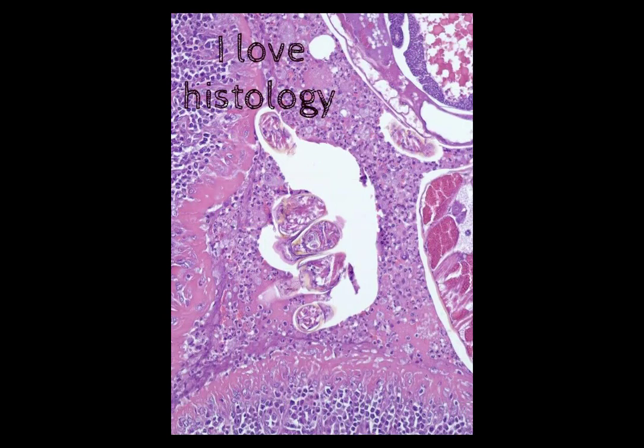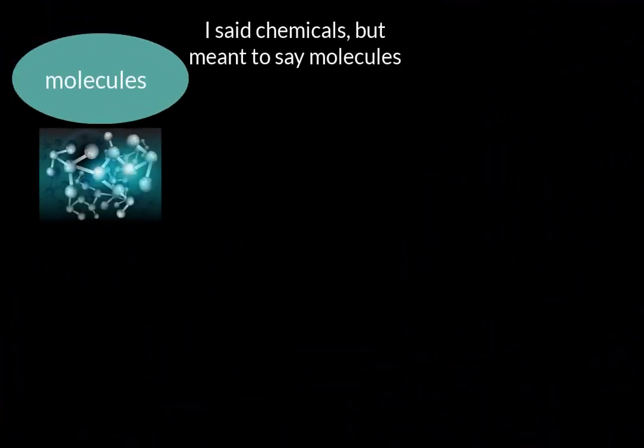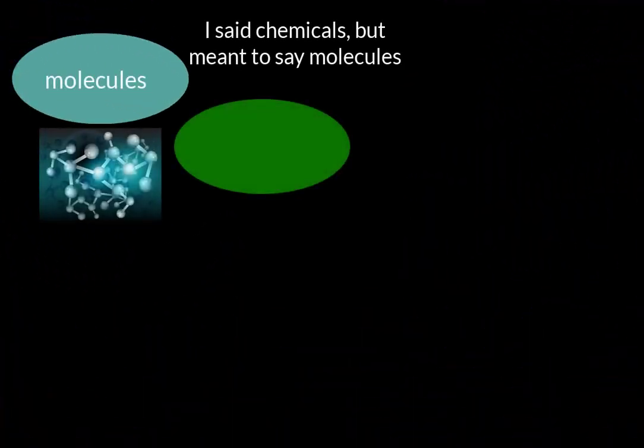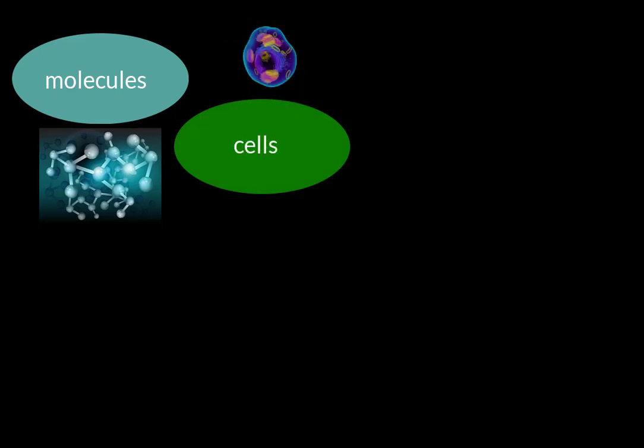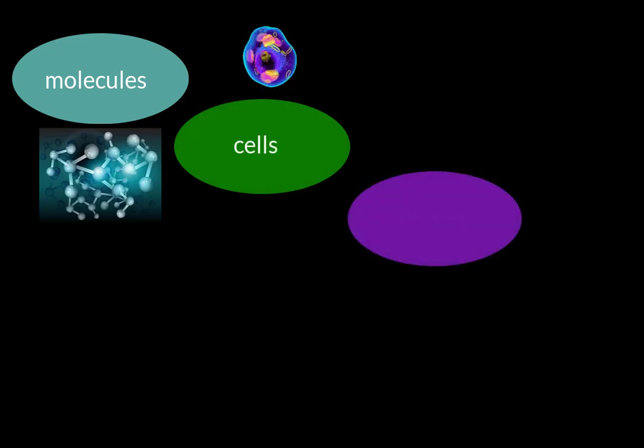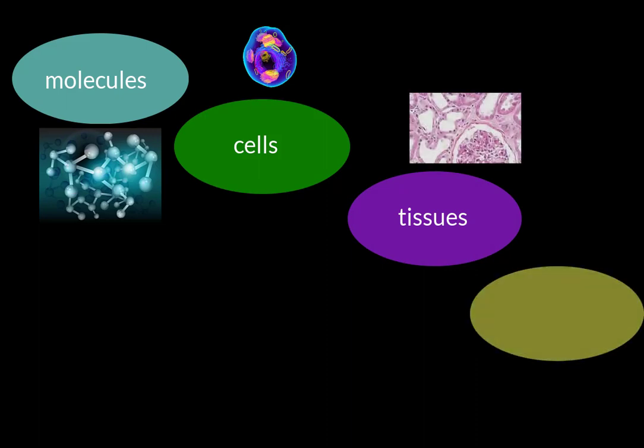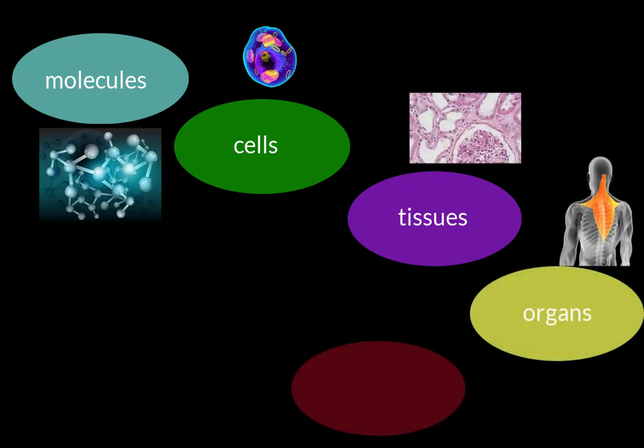By now, you've probably figured out or been told that our body is made of chemicals, and chemicals help us make our cells. Many cells together make up tissues. Those tissues make up organs, and those organs make up organ systems.